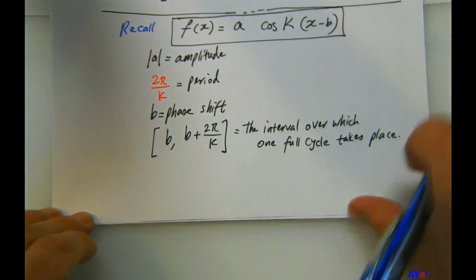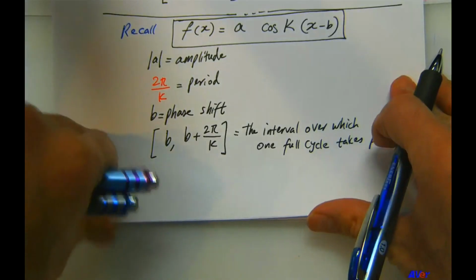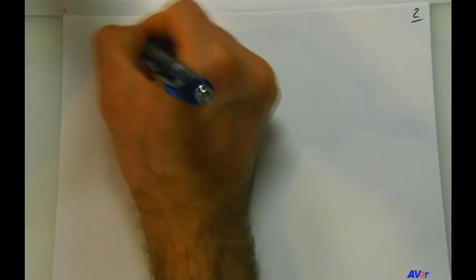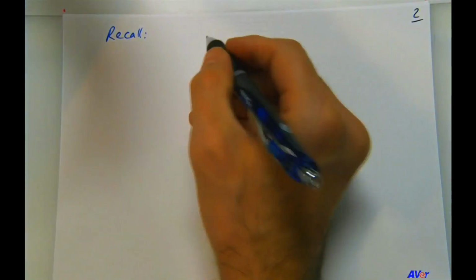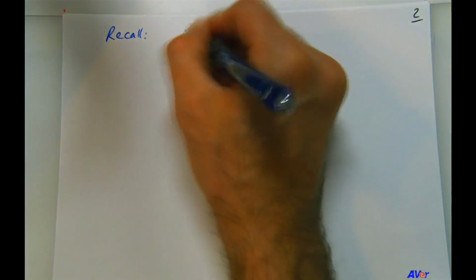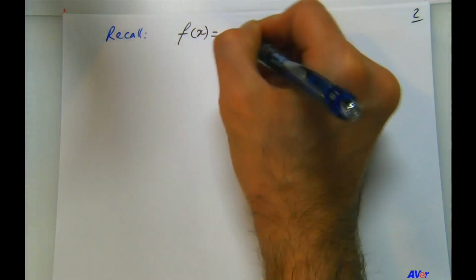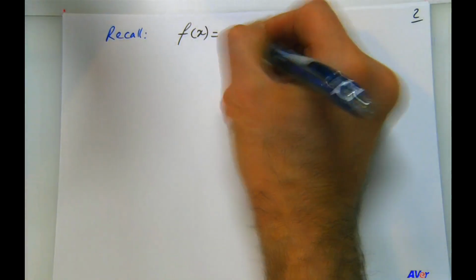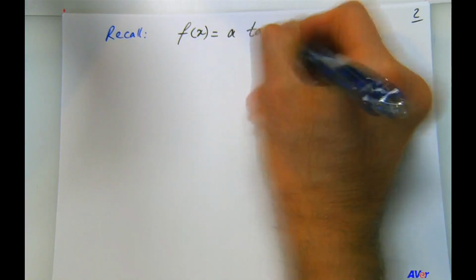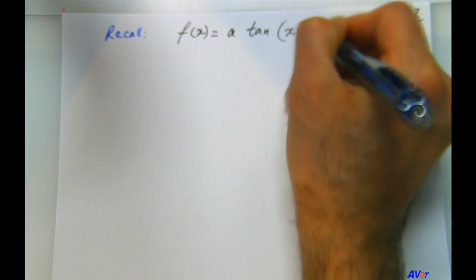So let's take a look at the transformation function for tangent and cotangent. Recall that for that we had f of x equals A times tangent of k times x minus b.